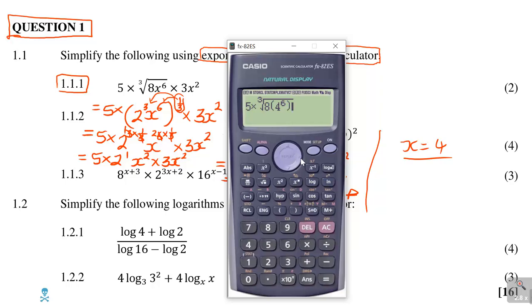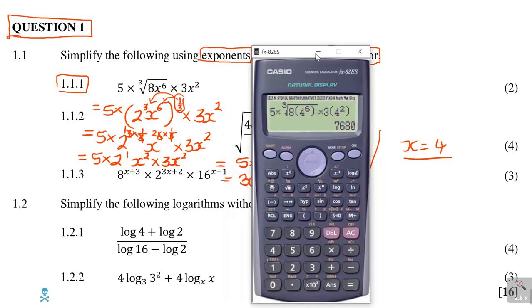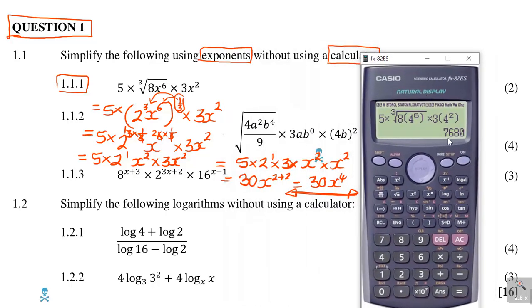and then after that times 3x, which is bracket 4 squared, like that. All right, and then I'll get the answer, which is 7,680. Now just take note of that answer.